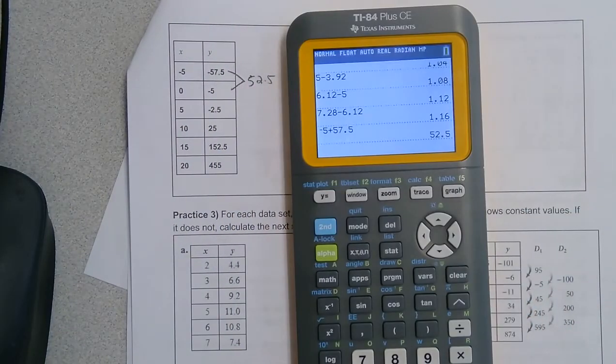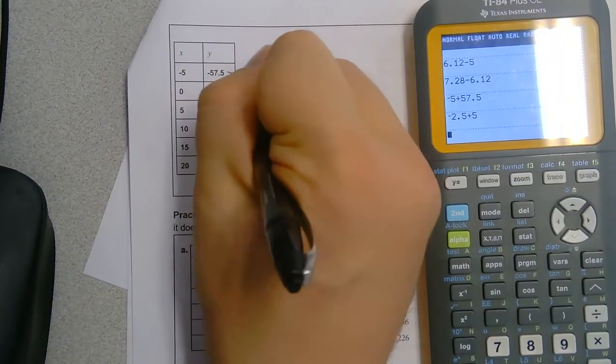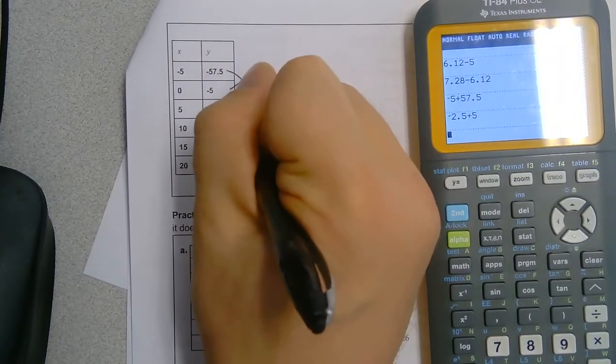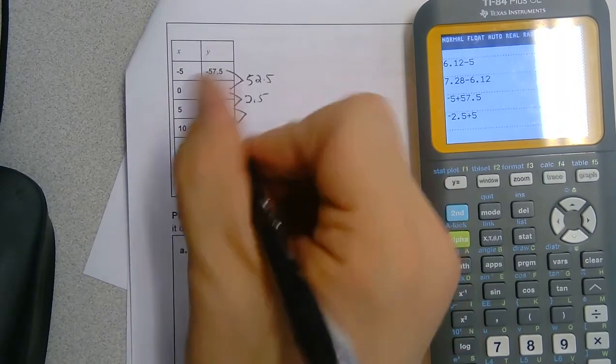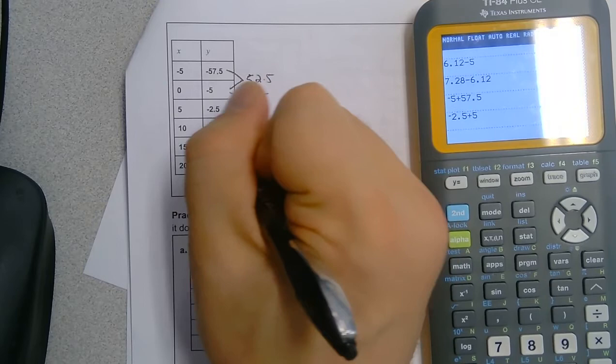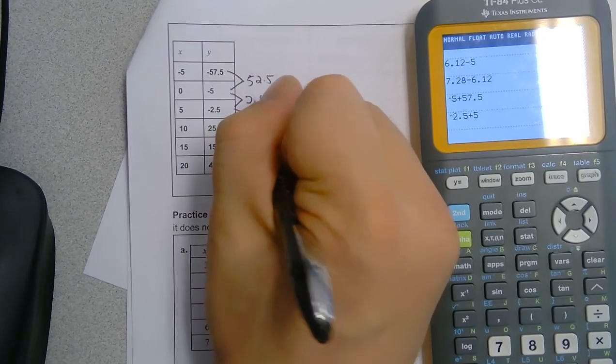And then here, -2.5 minus -5. So I'm going to add 5, and that gives me 2.5. And then here, 25 minus -2.5. I'm going to add those two numbers and get 27.5.